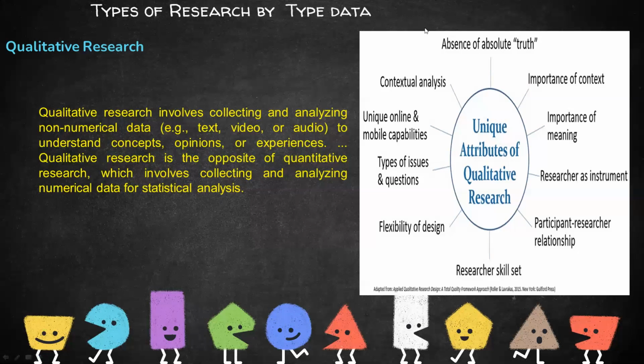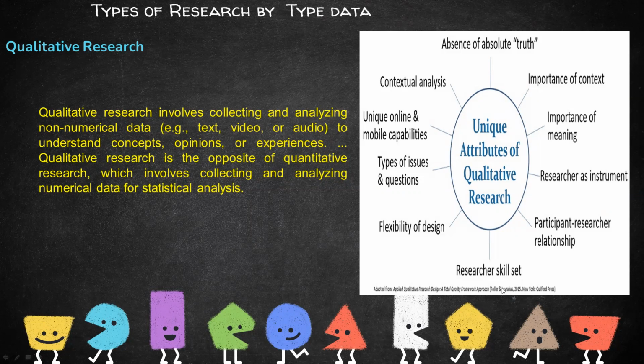Okay, and there are some attributes of the qualitative research which we have seen: importance of the context, sometimes the absence of absolute truth, importance of meaning, researcher and instrument, and participant-researcher relationship. So there may be biasness, and subjective conclusions we can draw.